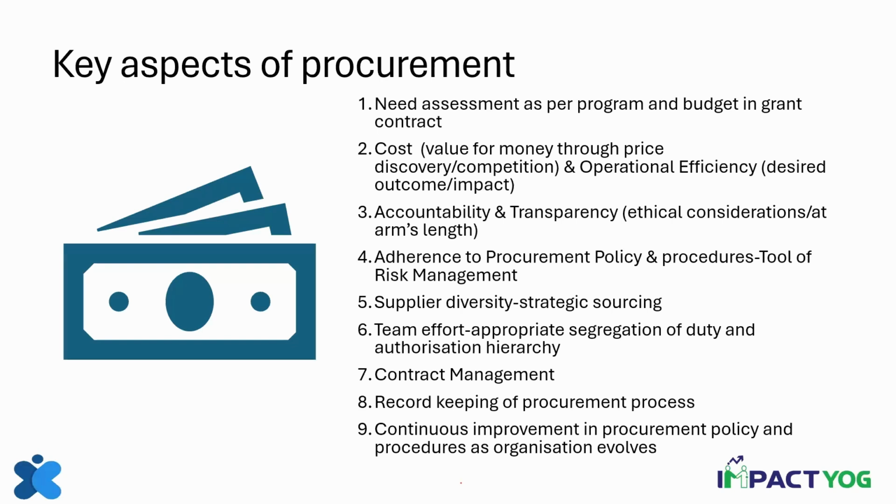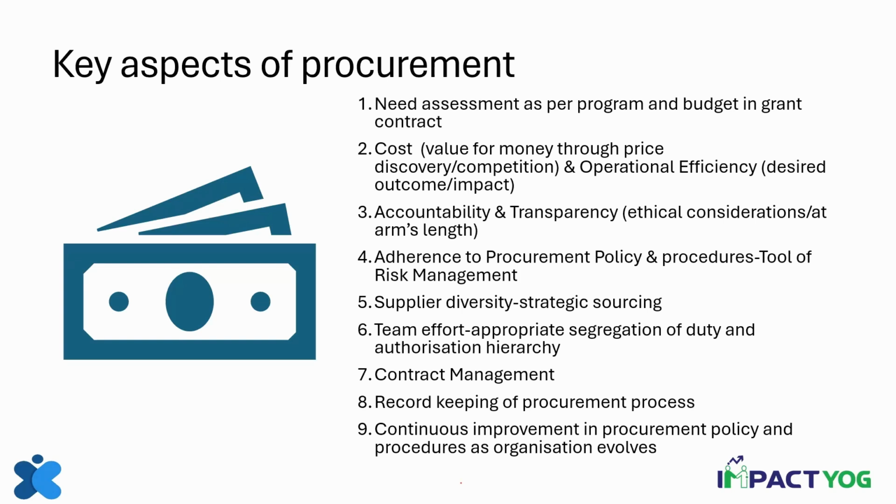Adherence to policies. So procurement, the basic principle or the guiding documentation for procurement is the procurement policy. Now, procurement policy and procedures. Policy is your policy, and the procedures explain the policy step by step. That is the difference between policy and procedure.